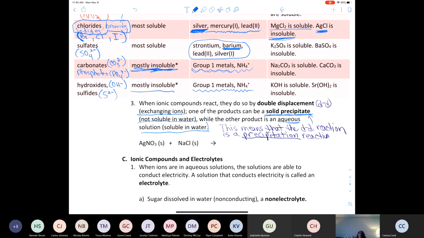So if reacting two ionic compounds together produces a solid precipitate, then that means the double displacement reaction is also categorized as a special type of double displacement reaction called a precipitation reaction.